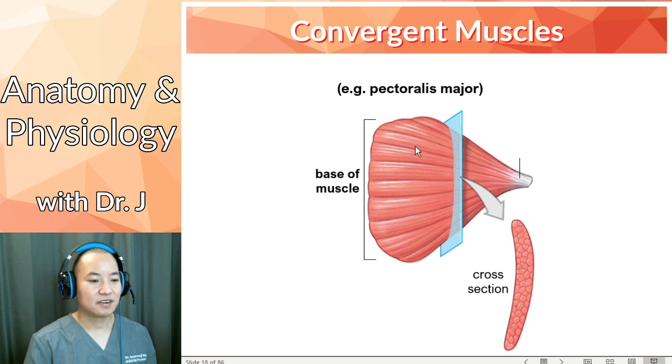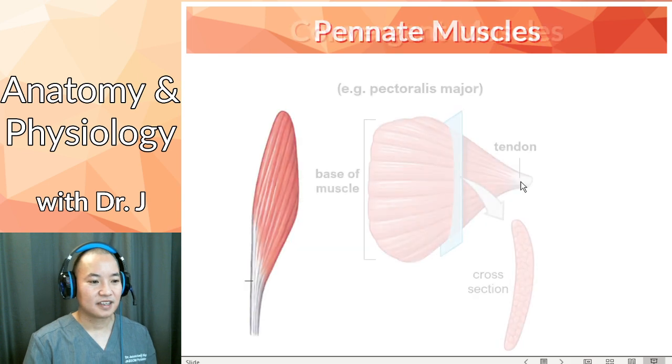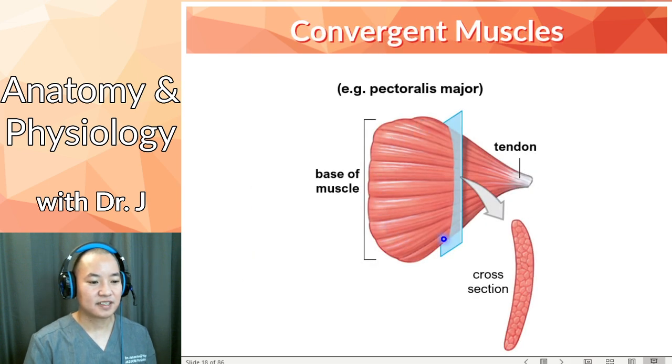And what we have here are all the fascicles. Notice that this is the origin over here, and all the fascicles are inserting on this part right here. So this is the tendon that inserts onto the insertion. All these fascicles are converging onto a single tendon right here.